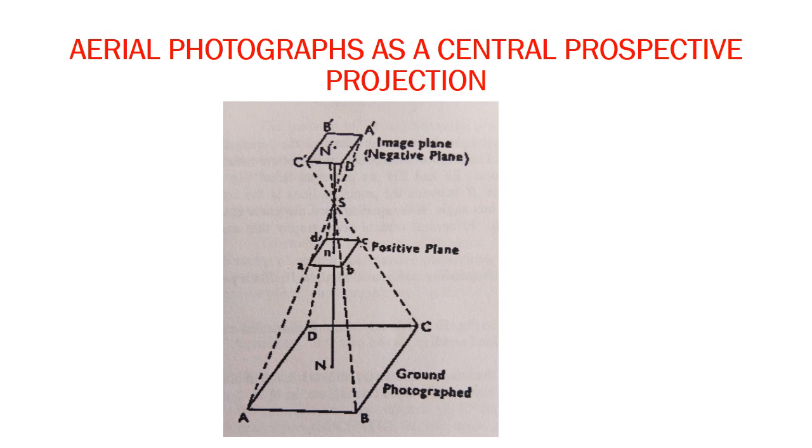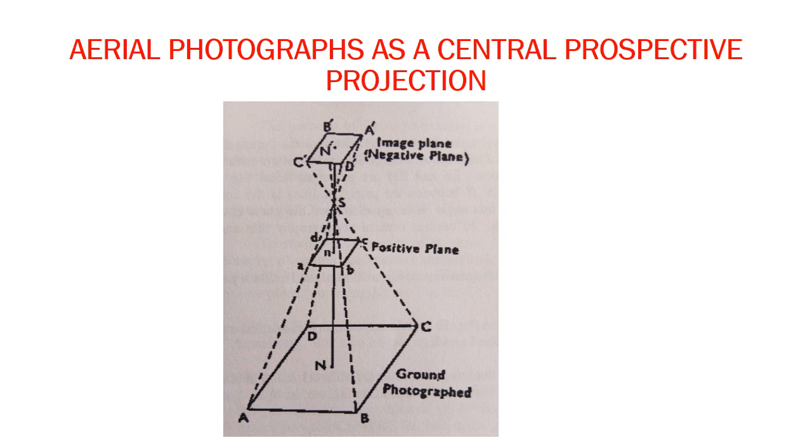There are two main essential rules of central projection. First, in a central projection, parallel lines generally are not projected as parallel lines, but they have an intersection point, that is the vanishing point. For example, a photograph of a road with two parallel sides, or a photograph of a railway with two parallel sides.